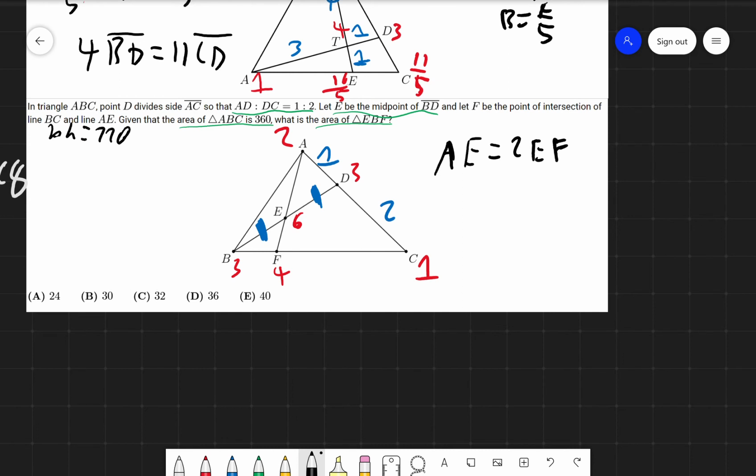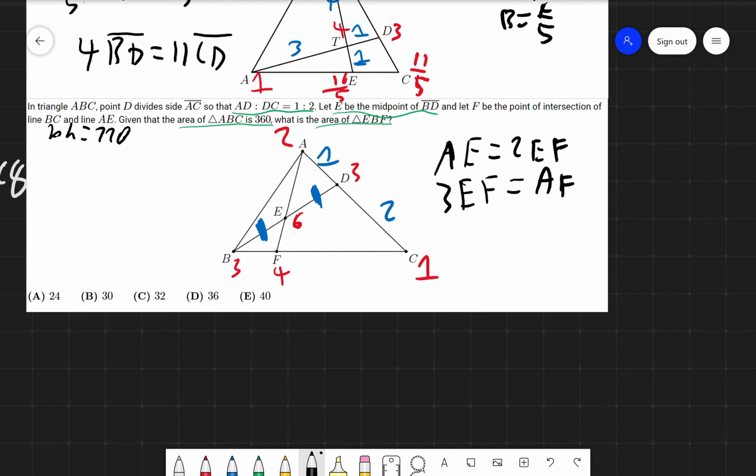Good old mass points. So now that means that EF, sorry, 3EF equals AF. Alright, so now that means, let's specify that capital B, not the same as this capital B, by the way.